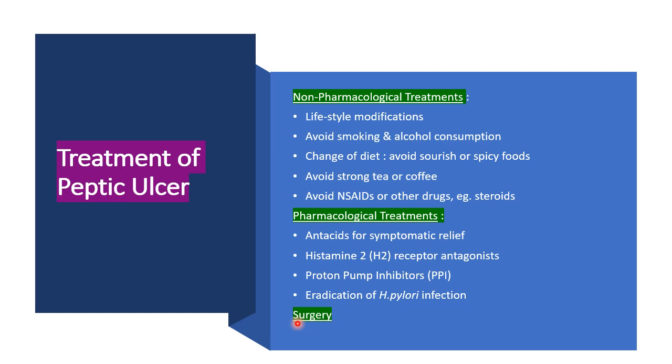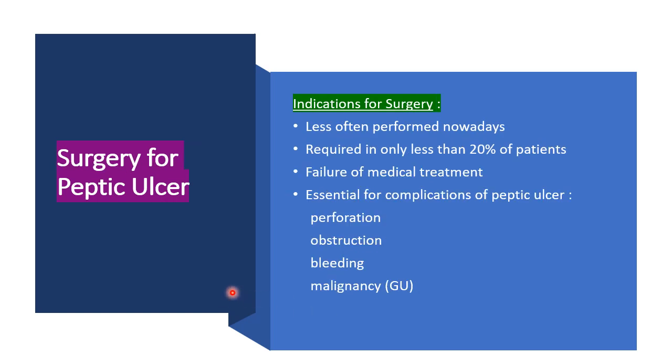Lastly, surgical methods may also be used at times when necessary. The indications for surgery, which is becoming less and less these days, are that nowadays only less than 20%, maybe even less than that, of patients require surgery for the treatment of peptic ulcers. Usually it is due to failure of medical treatment.